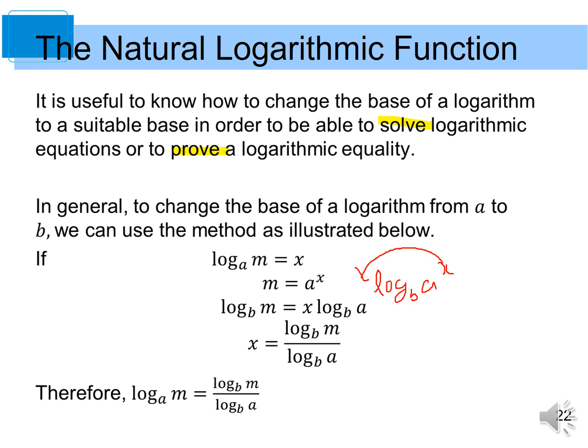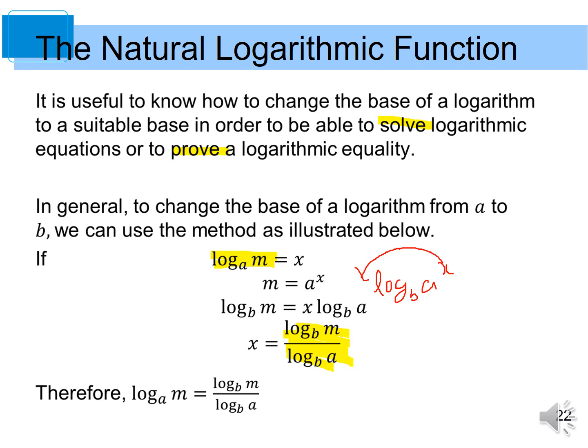So we have x equal to log of m to the base b divided by log of a to the base b. We have obtained the x, and the x is also equal to log of m to the base a.